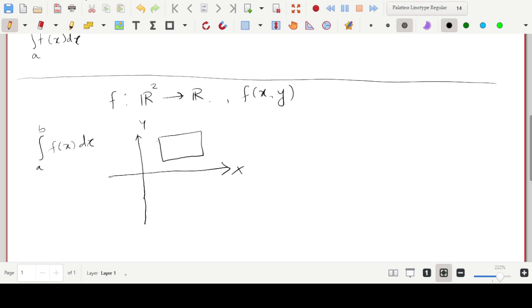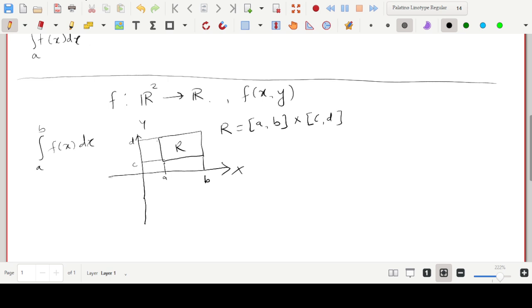So if this is a and this is b, and if this is c, y equal to c and y equal to d, then this rectangle R is the closed interval a to b cross the closed interval c to d, and we know how to integrate over an interval in one variable.